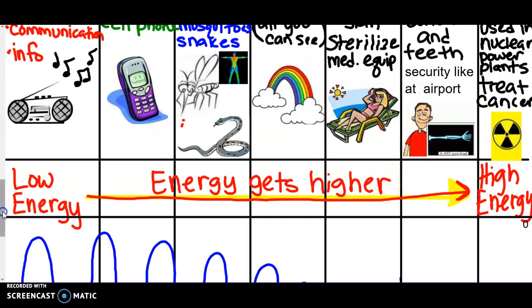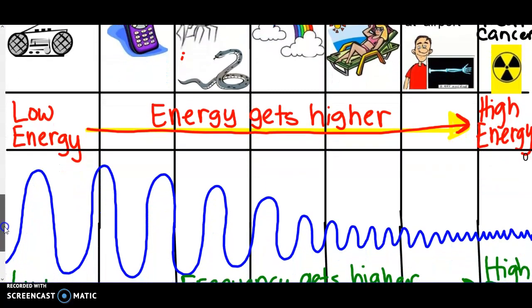Our next little thing we're going to add to the bottom of this chart is what these waves actually look like. Radio waves are huge, big waves that pass through you all the time. Think of all the different radio stations that you could pick up if you had a radio sitting in the room with you. 93.1, 97.9, 96.5, 102.1, all of those different radio stations you could pick up.